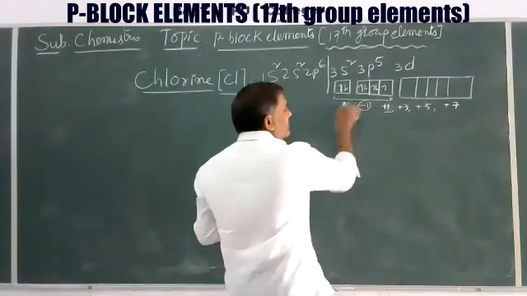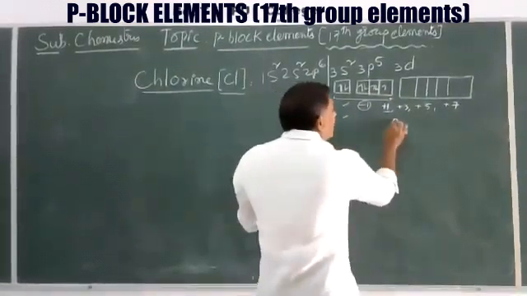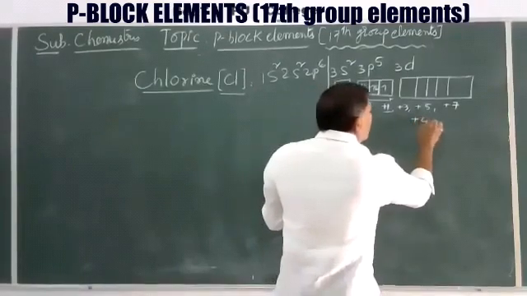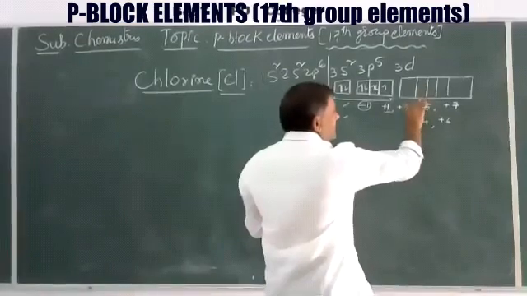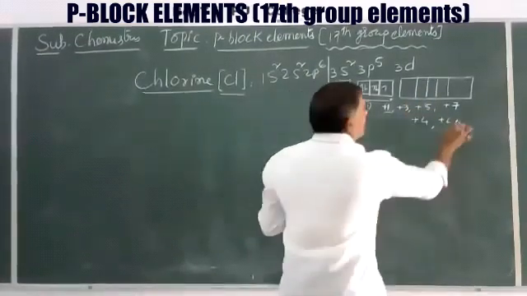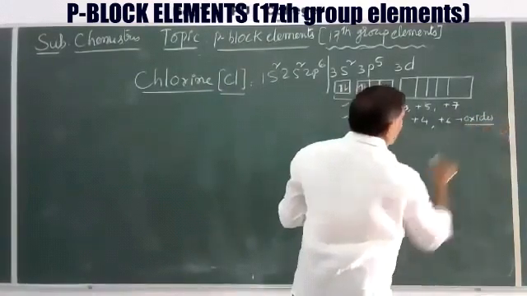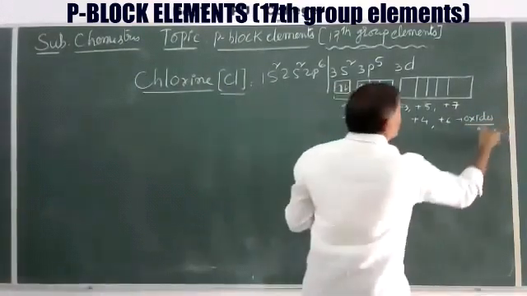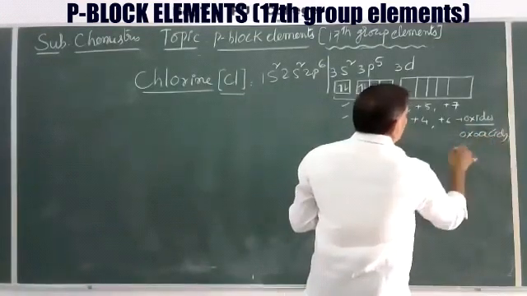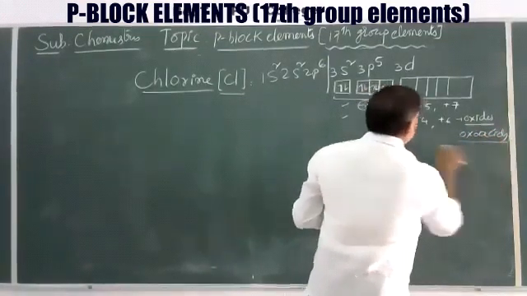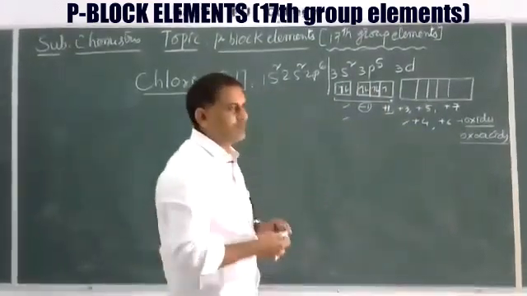Variable oxidation states. It also exhibits +4 and +6 oxidation states, in between these 3 and 5, in oxides, oxoacids or interhalogen compounds.